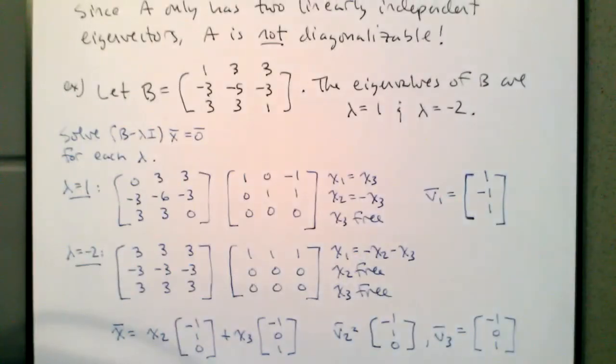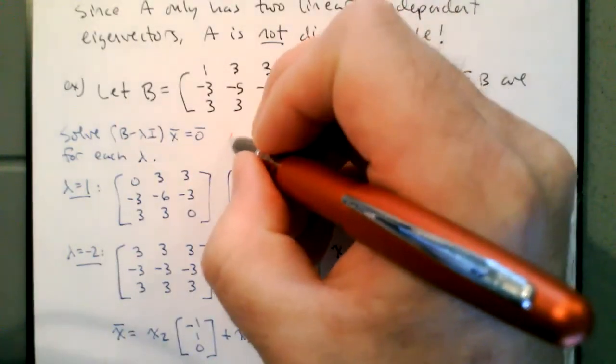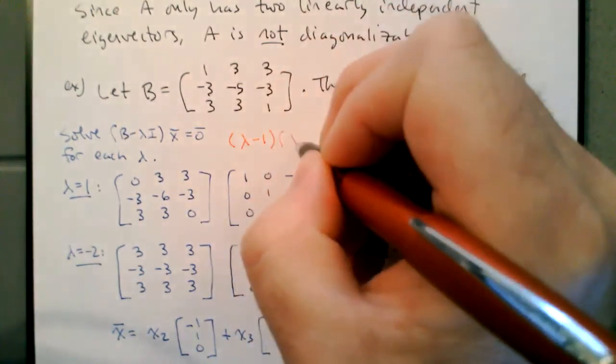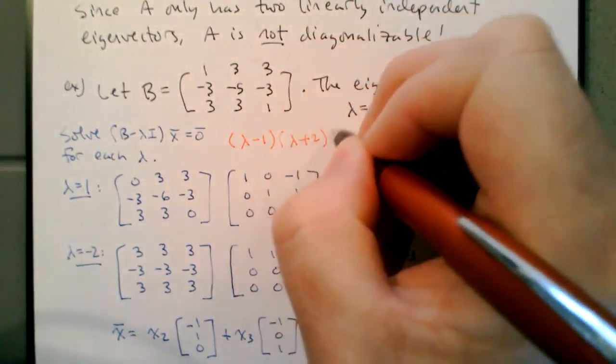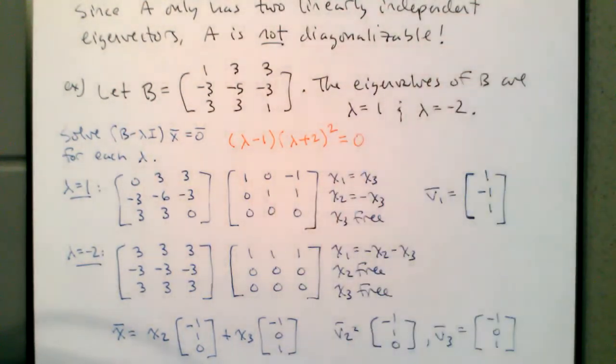The equation that we were solving factored out to lambda minus 1 times lambda plus 2 squared. So it's the lambda equals negative 2 that had a multiplicity of 2.